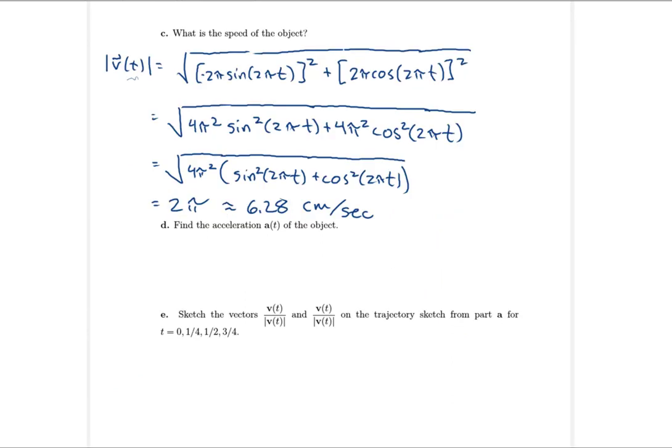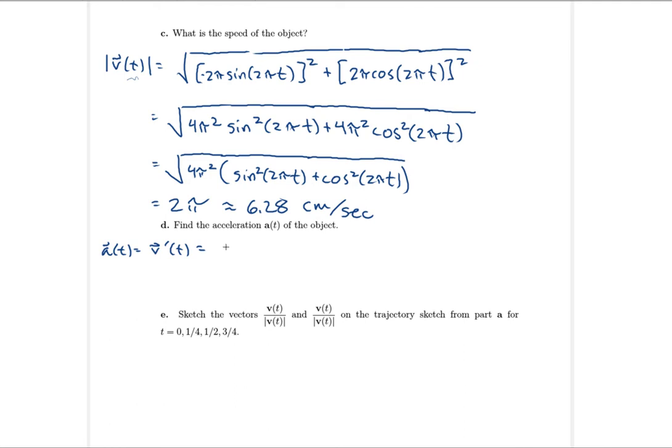All right, now part D asks us to find the acceleration of the object, and again, that's as a vector. So we know that that is the derivative of velocity, which we found in part B. So we go ahead and take the derivative of that. I'll stick with the same i and j notation.